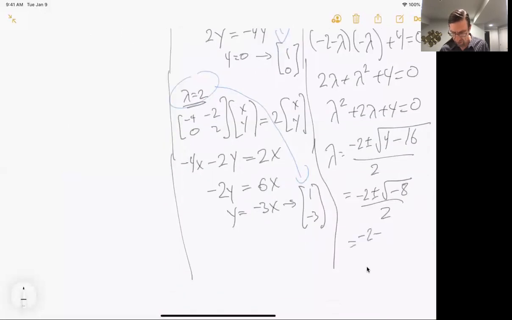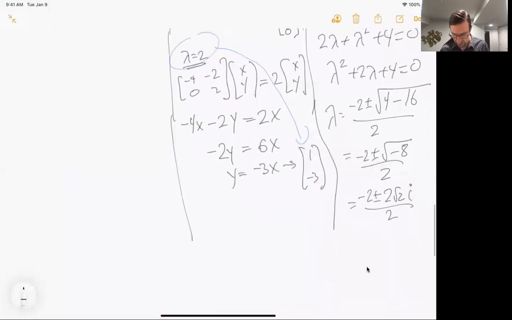The square root of minus 8 gives us an i, and the square root of 8 is 2 root 2. Well, that's over 2, the 2's all cancel. That gives us minus 1 plus or minus root 2 i.